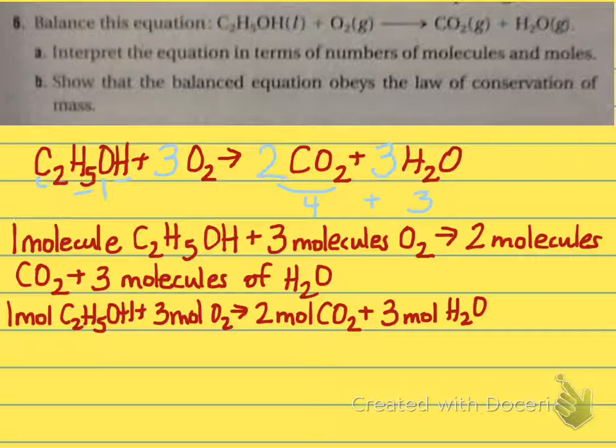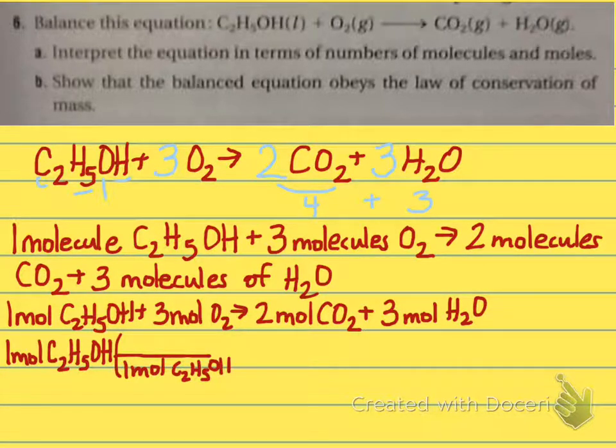So again, to figure out the mass of my reactants, my coefficient on my alcohol is 1. So it's 1 mole of my alcohol, and for 1 mole, I'm going to use my molar mass to find how many grams that is. And again, to figure out my number of grams, I'm going to use my periodic table. I'm just going to use whole numbers to make it easy.